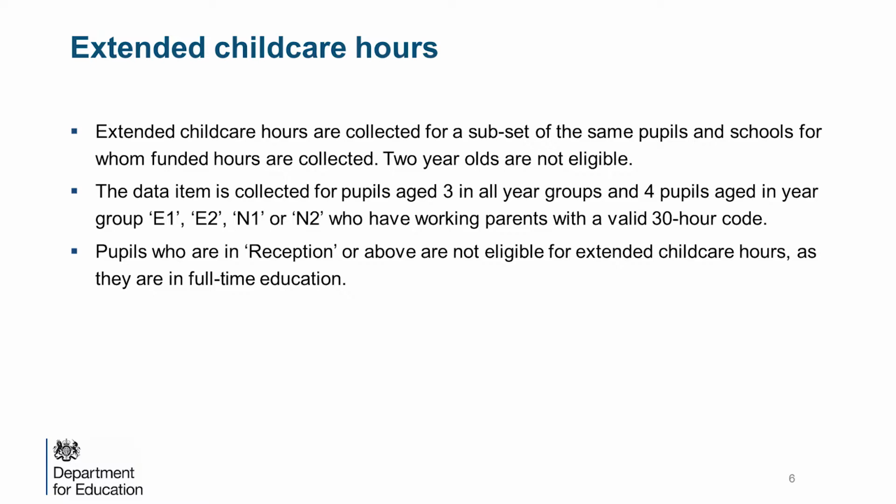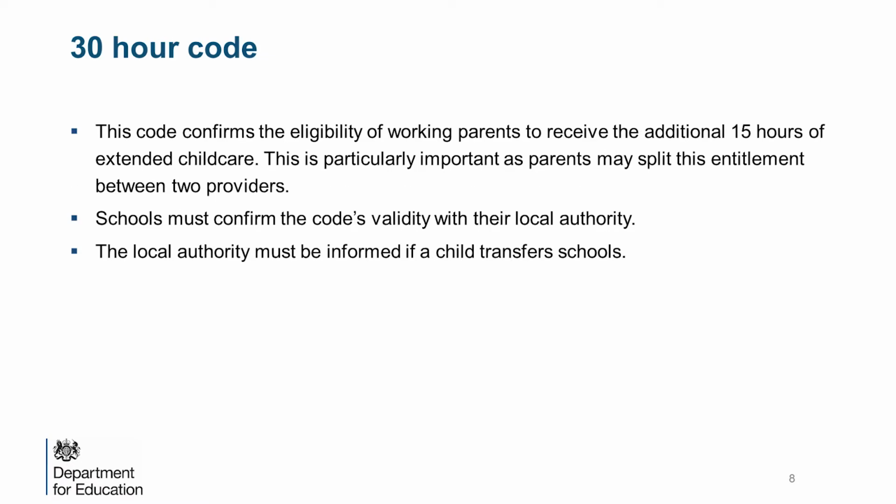Where a child is in receipt of extended childcare hours, the maximum funded hours allowable is 15. Schools must not include any hours funded under the universal entitlement for free early education, as this is recorded separately under funded hours.